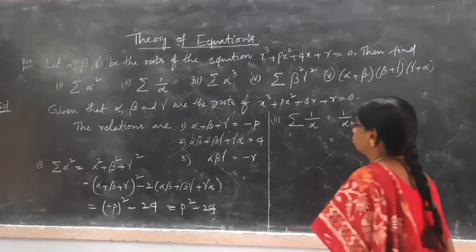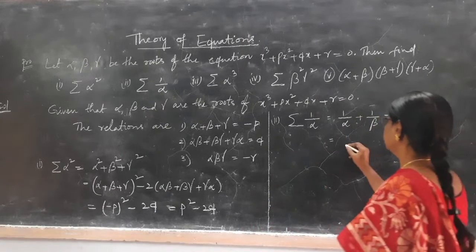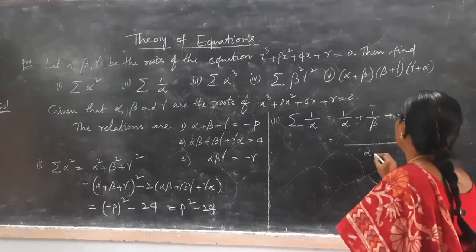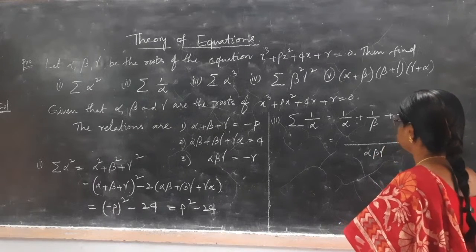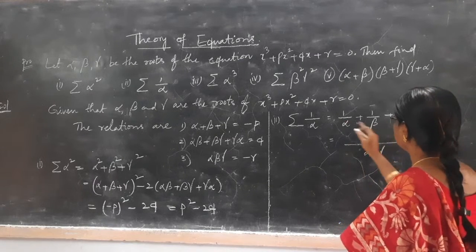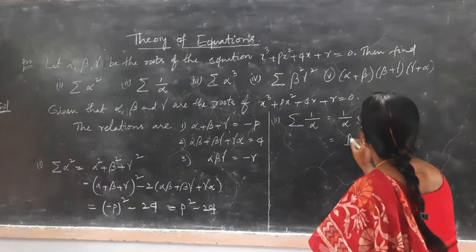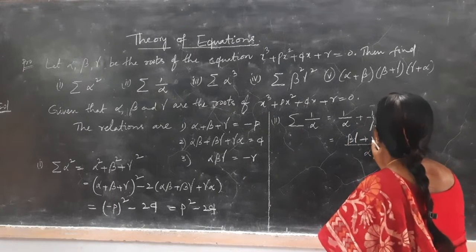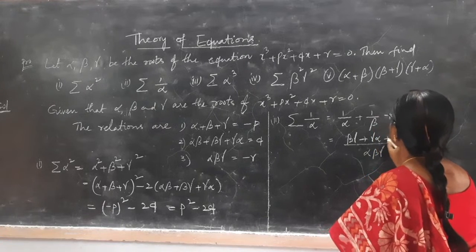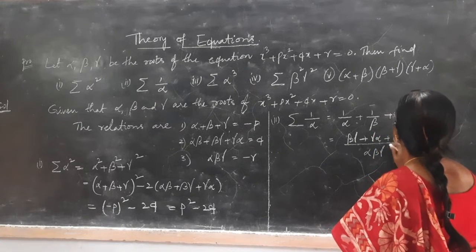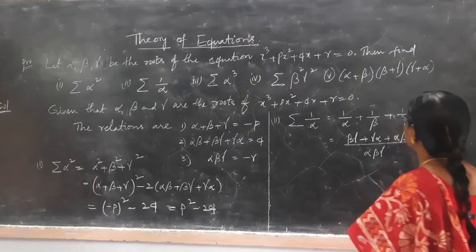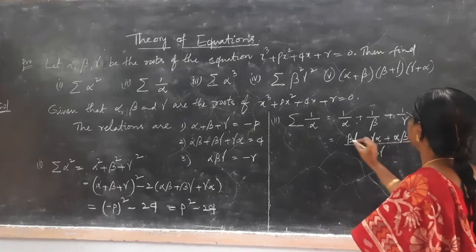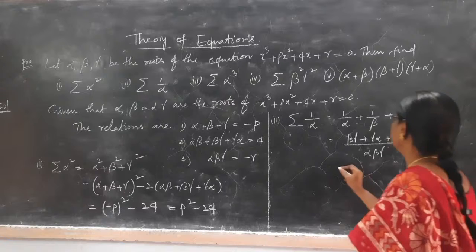Taking the LCM, alpha beta gamma, the numerator is beta gamma plus gamma alpha plus alpha beta.